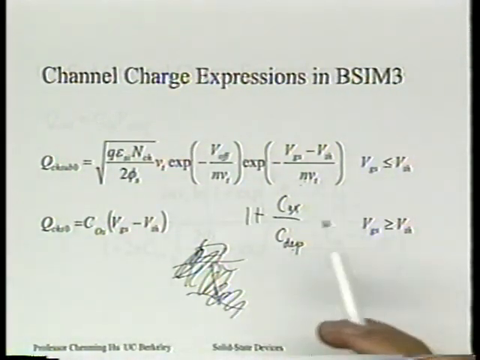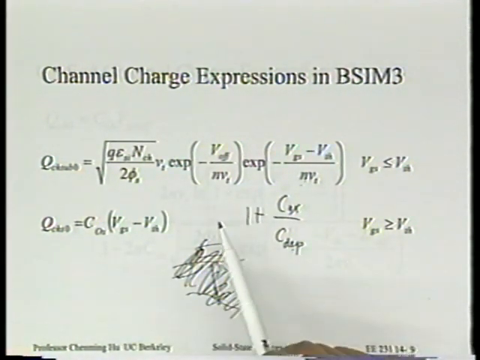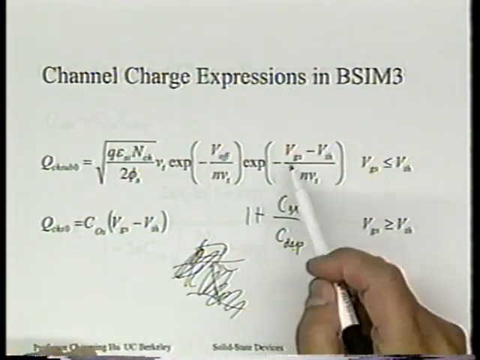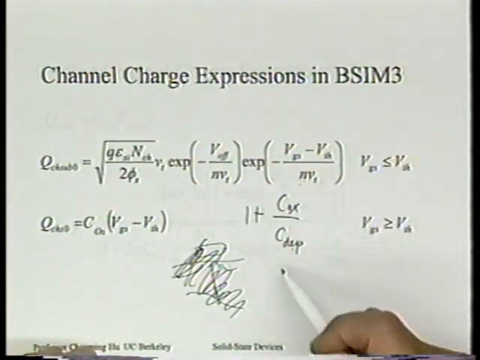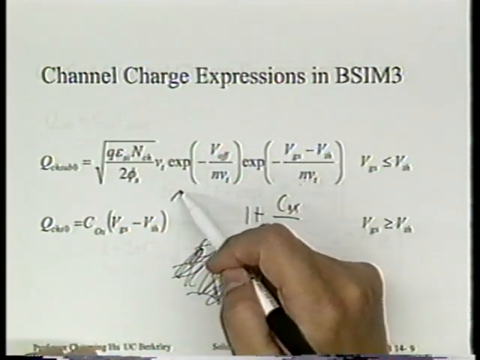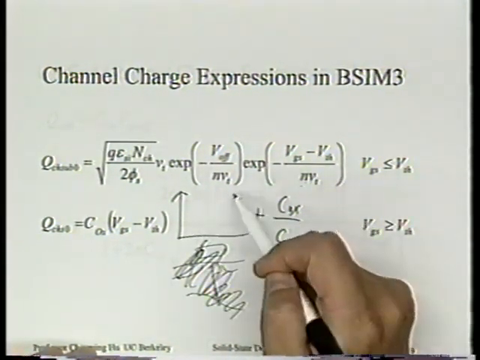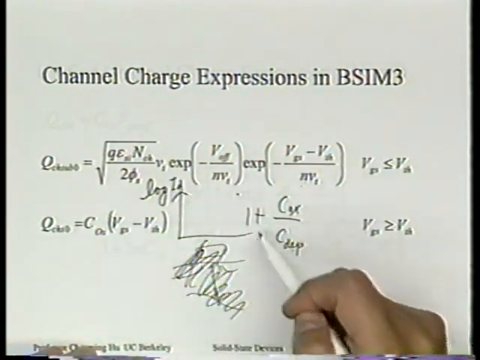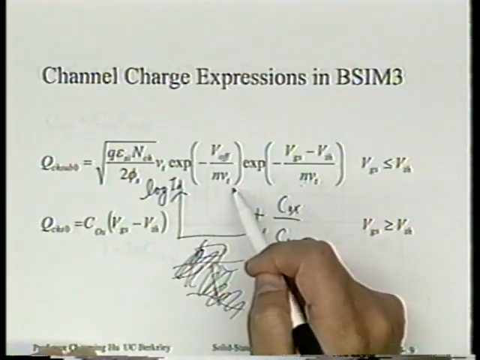This equation would have predicted, let me do it this way. The data, log of ID versus VG, you probably recall, trace out a curve like this.